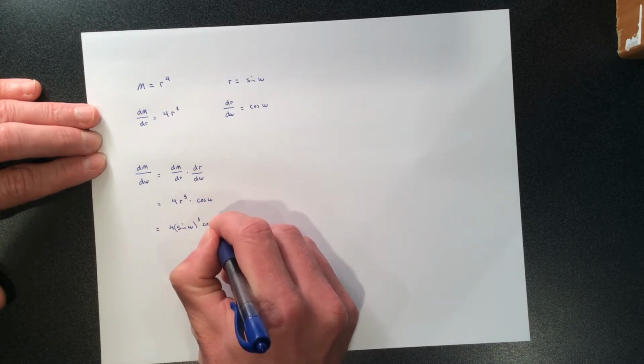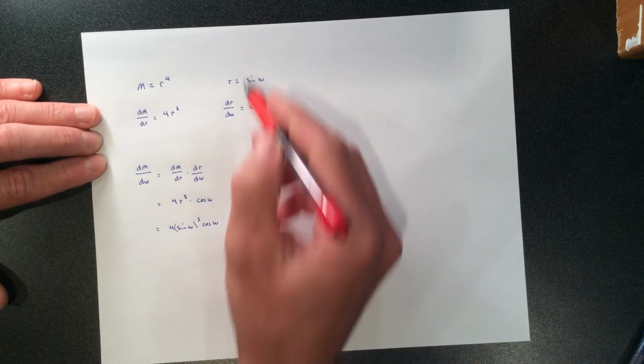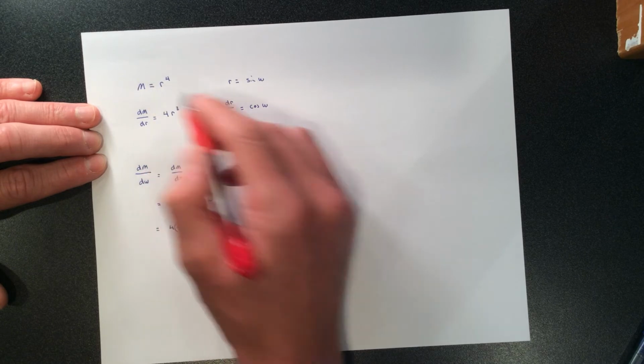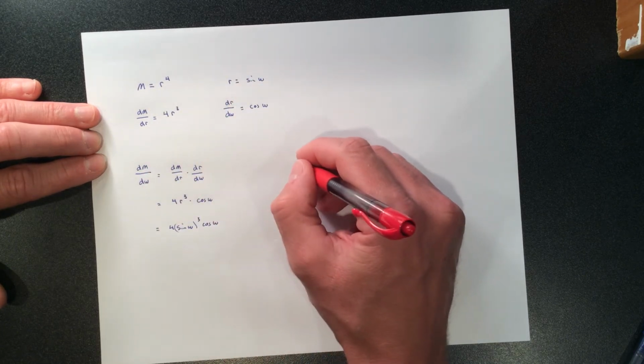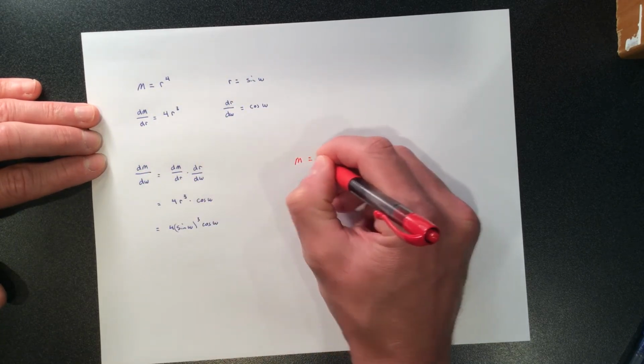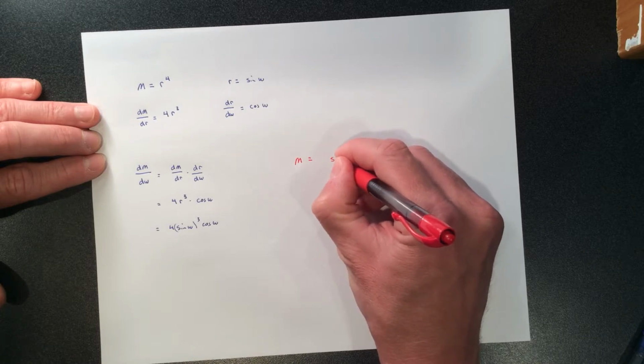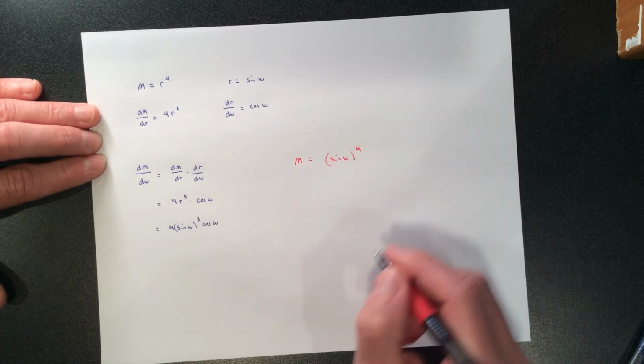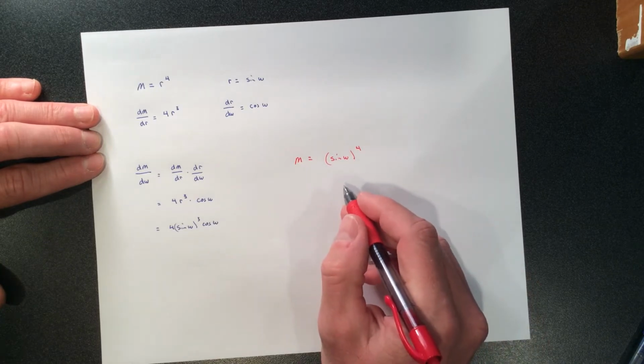And I would get that. Okay? This is kind of me writing it all out. And what if we never even knew about this whole r thing? What if we just said then m is just sine of w to the fourth? What if we made the substitution and then go back to what we previously learned?